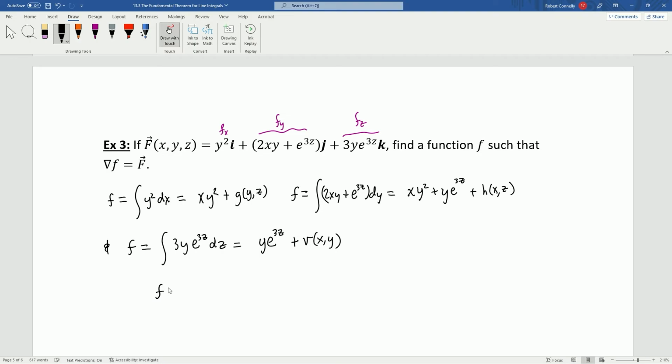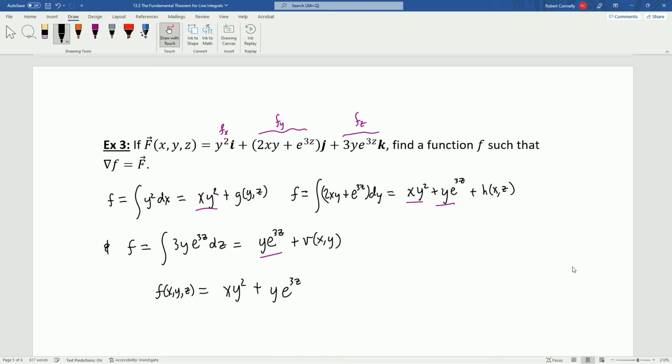Now again, we can put together a function that satisfies all of our needs by just taking the components. Okay, that one's covered, xy squared. It appears in both of those. So we've got that. Plus, now what do we got? Well, we've got y e to the 3z appears in both of those functions.